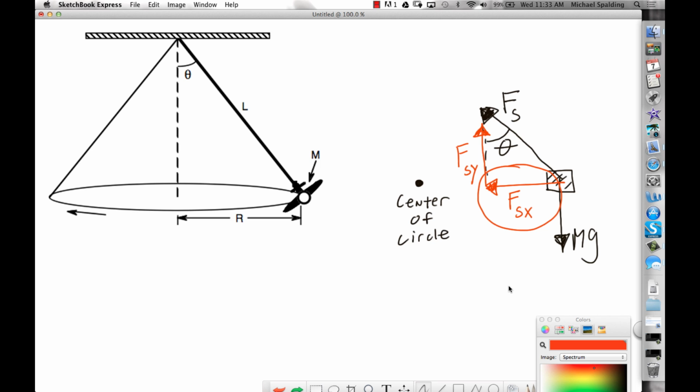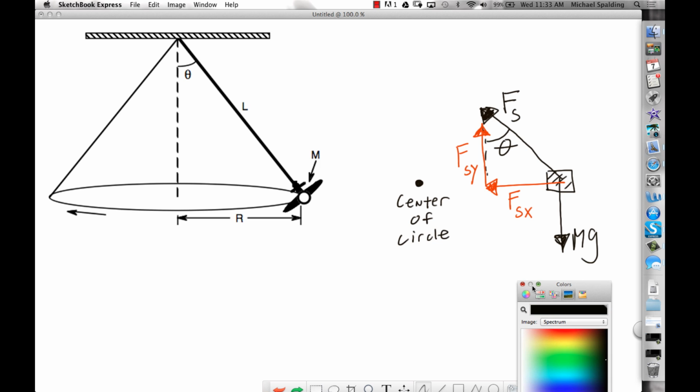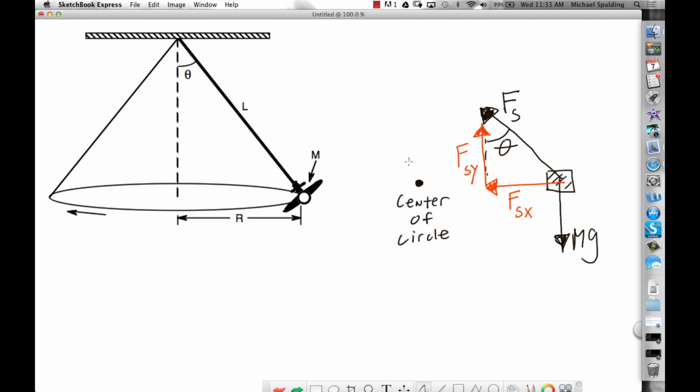And what do we always do to the center of the circle? We call the center of the circle positive. The reason is that the thing that always points to the center is the acceleration, and you want the acceleration to be plus because you sum the forces. The sum of the forces equals ma. Life is easier if that ma is always positive. Everybody got that? Okay, so center of the circle is plus.